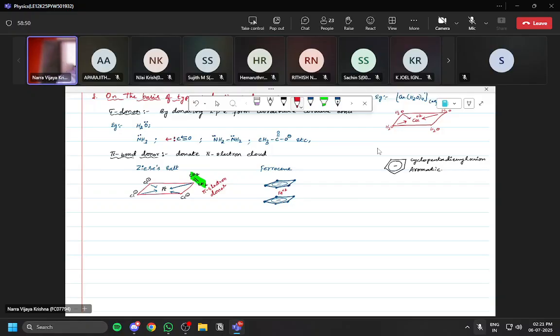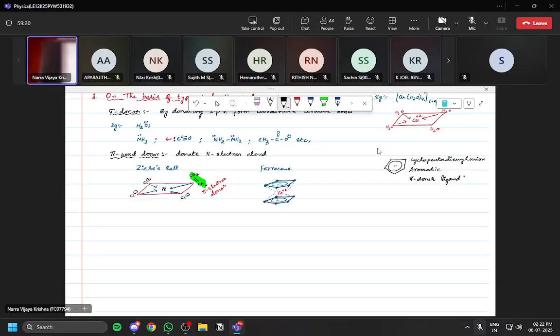With each ring, every carbon is having interactions. Are you able to understand, sir? Here, is it an example of a pi donor ligand? Cyclopentadienyl anion is an example of a pi donor ligand.